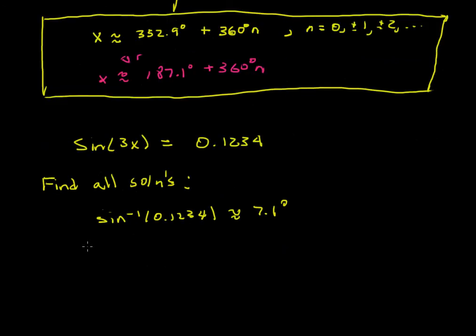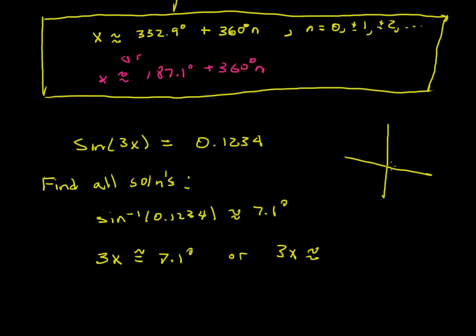So following a similar process, except this time we're going to have 3x is approximately 7.1 degrees, or 3x would be approximately equal to the angle in quadrant 2 in this case.